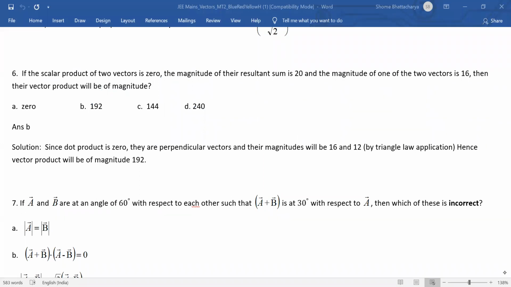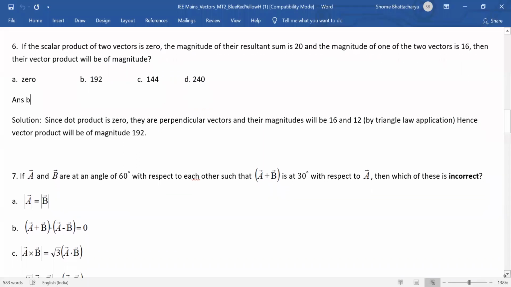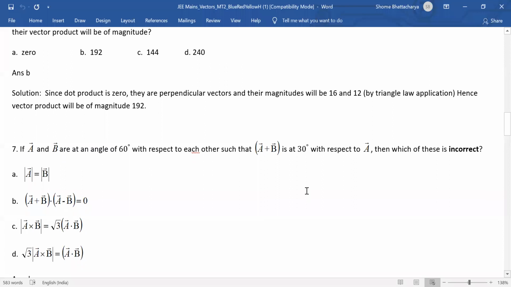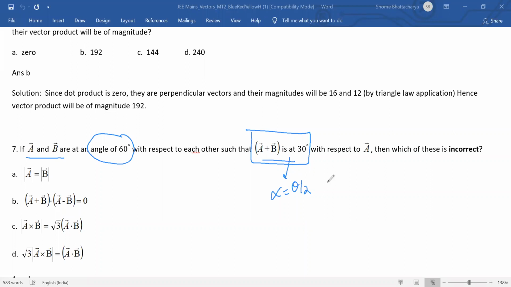Okay. Now next, go through the 7th question. So I have two vectors A and B which are at an angle of 60 degrees. Okay. And A plus B is at an angle of 30 degrees with respect to A. So what information does this tell you? That alpha is equal to theta by 2.